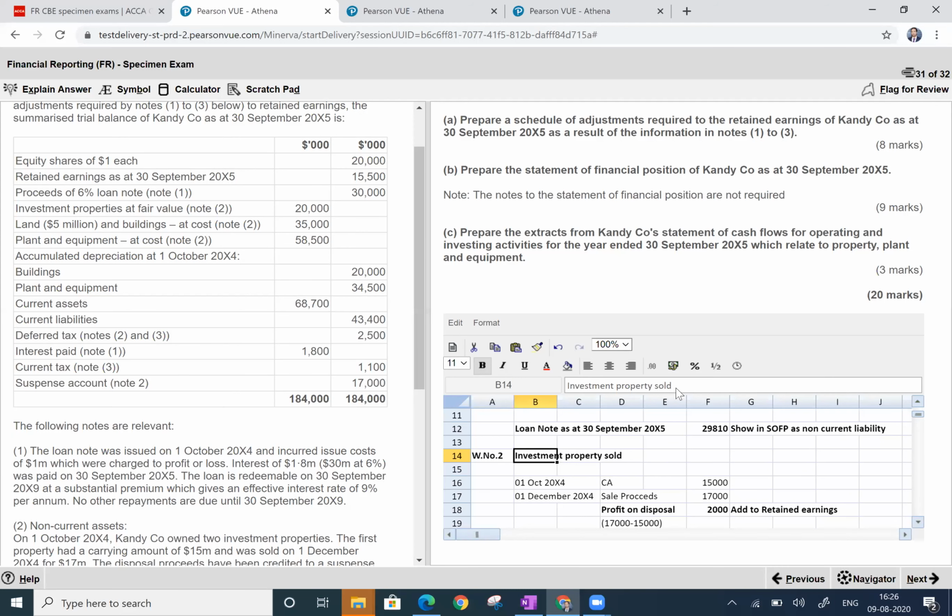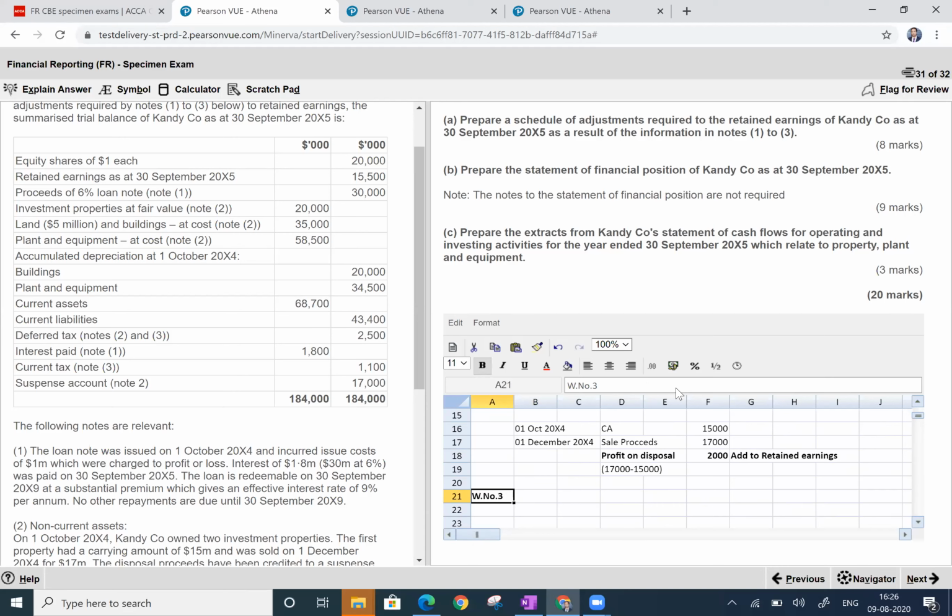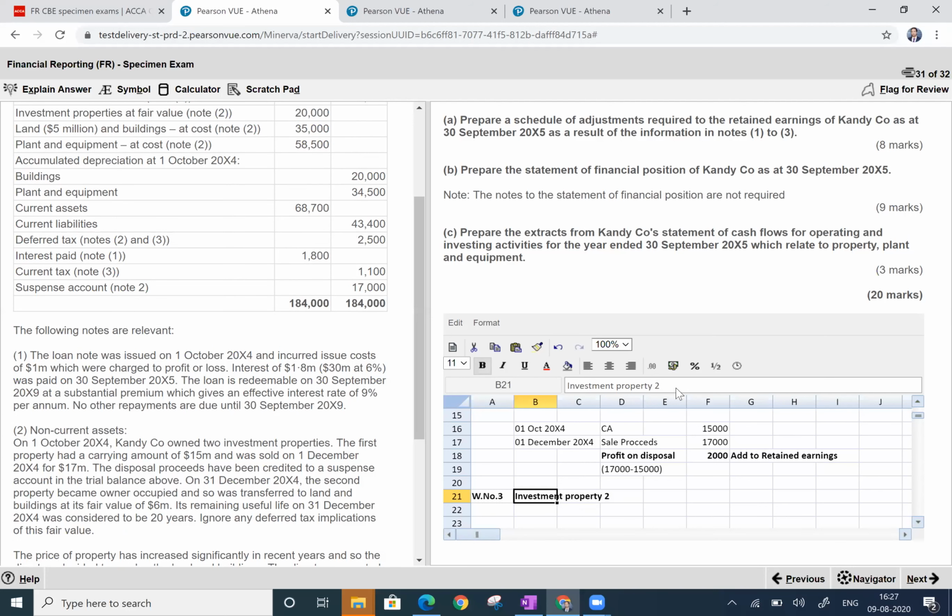Then there is another property, property 2. We are preparing another working note. Working note number 3, investment property 2. Read that. On 31st December X4. So is it during this year? Yes. October X4 is in our year to 30 September X5.